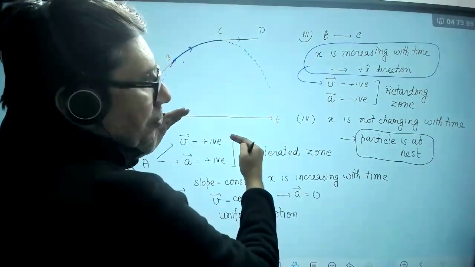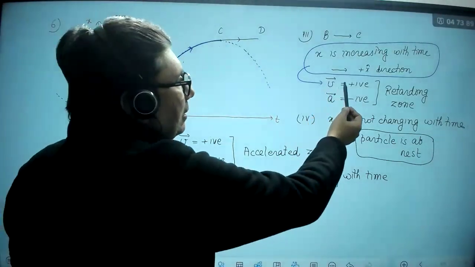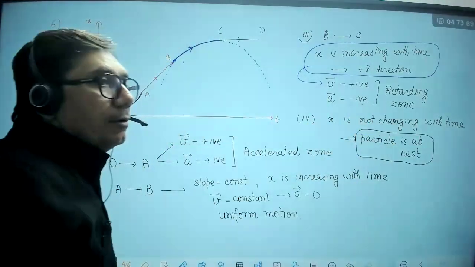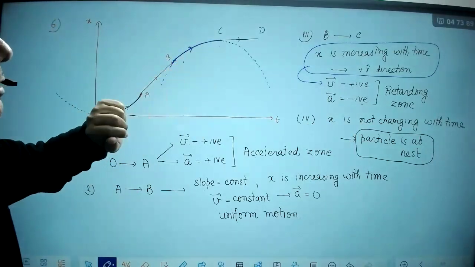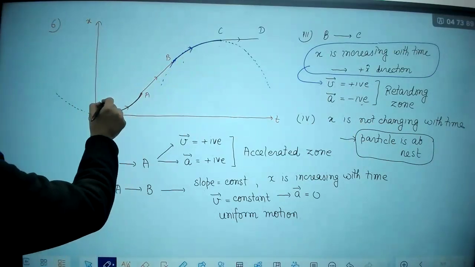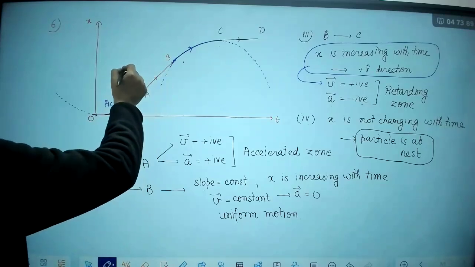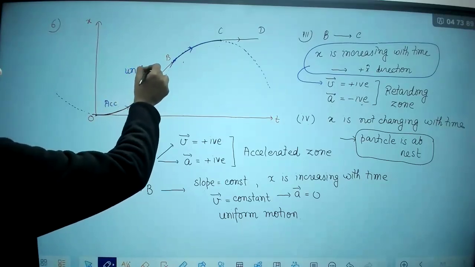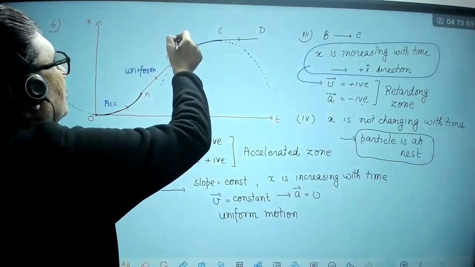If it is opening in the downward direction, acceleration is negative. So V is positive, A is negative. So this is a retarding zone. This motion of the particle from B to C is retarding motion. Here this is accelerated motion, this is uniform motion, and this is retarding motion.